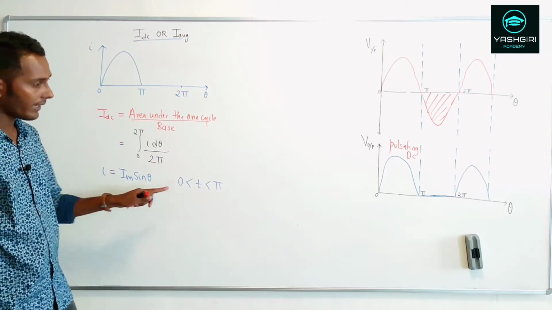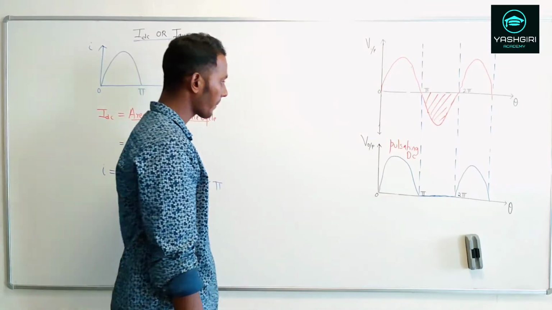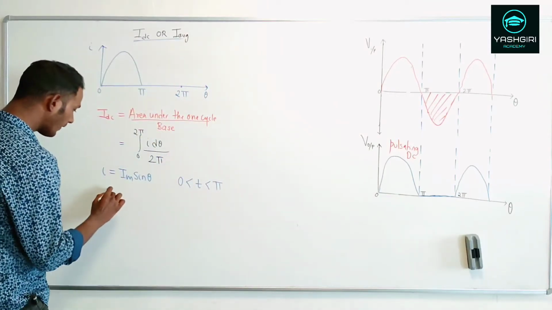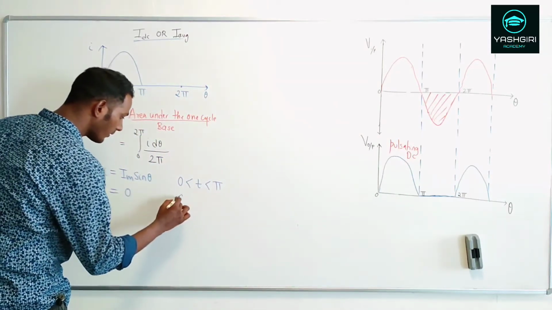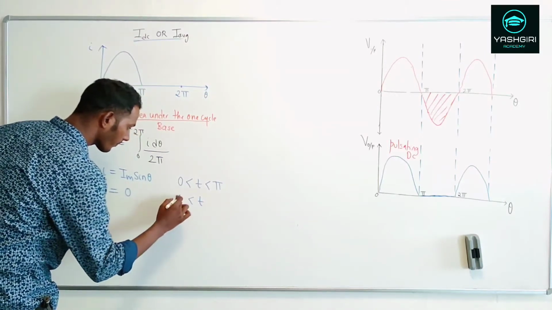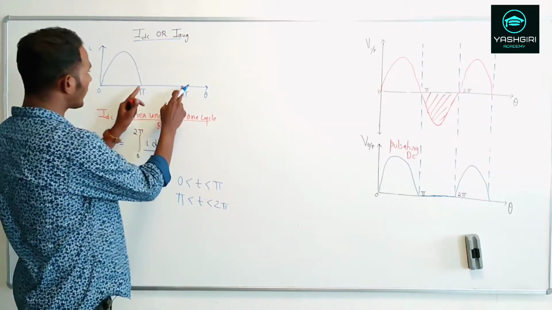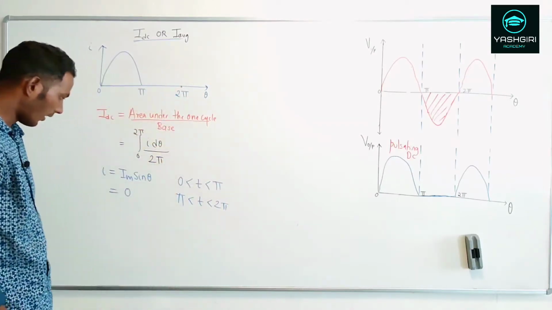Yes, and I will be equal to 0 for the rest of the negative half cycle, that is theta from pi to 2 pi. You will find there is no current flowing across the load RL.